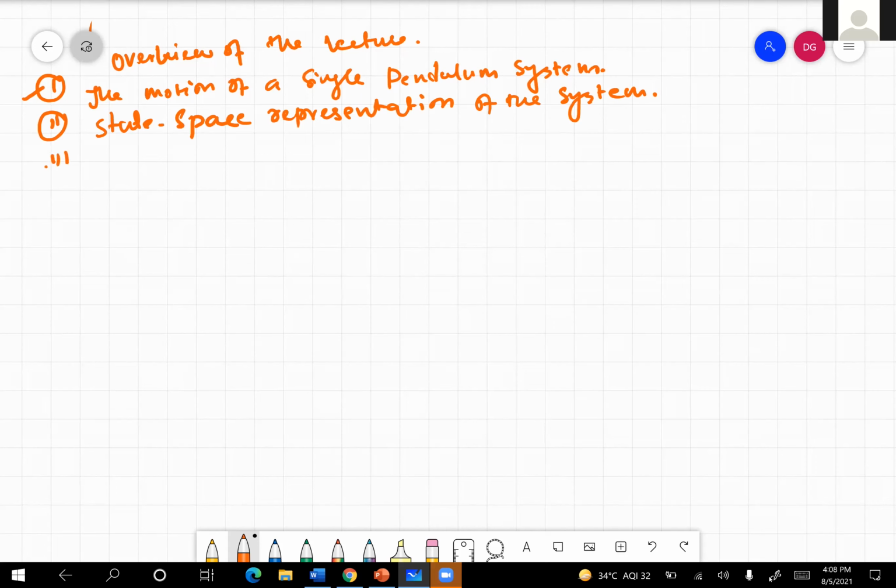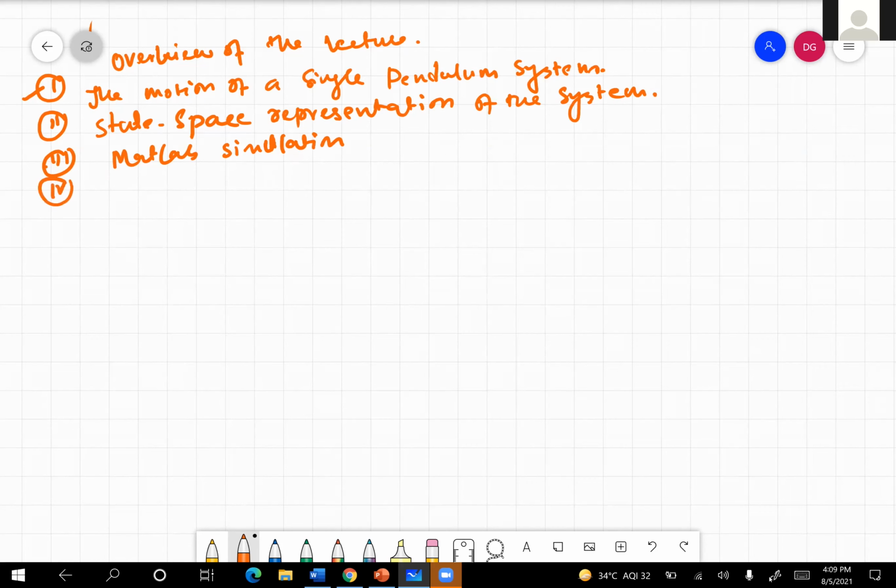Then we'll look at the MATLAB simulation for this pendulum system, how we can numerically solve this system in MATLAB, and we'll see the response over time.